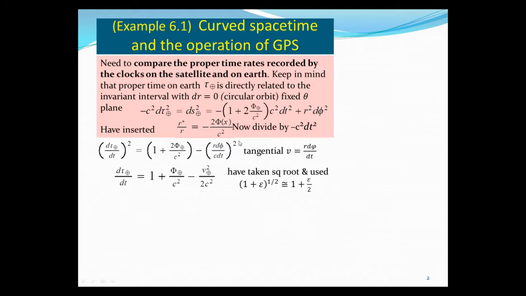Now we divide both sides by the c squared dt squared term. Then on the left hand side I have d tau over dt squared, and on the right I have this term just copied over, and here also I have minus r d phi over c dt, the whole thing squared. Now r d phi over dt is the tangential speed.